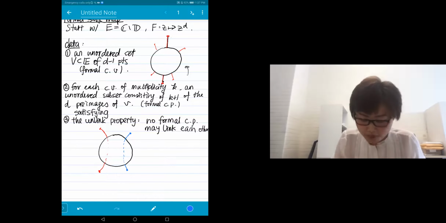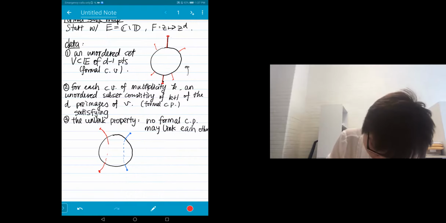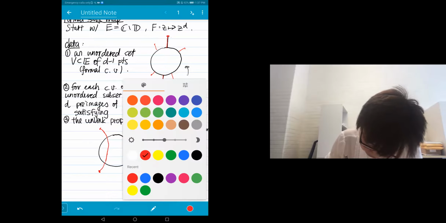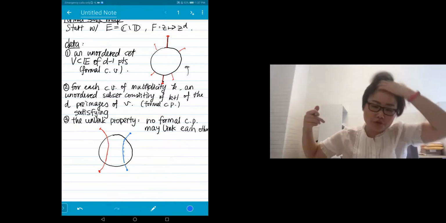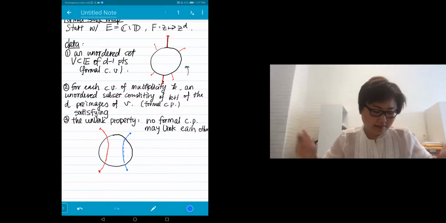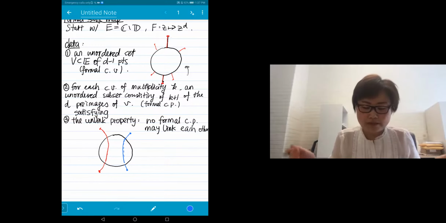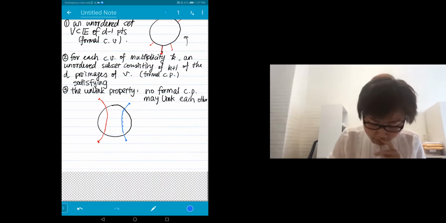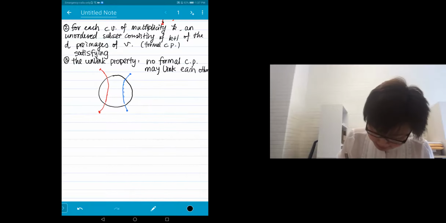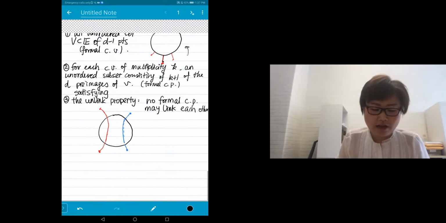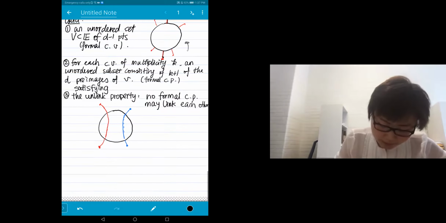So the unlink property just means these guys, these red and blue inside the disk, which suggests which one is glued to which one, are not linked. In other words, if you draw the complete pre-images, they form a lamination of the disk. Okay, anyway, this is basically the information we need to construct a formal butcher paper or formal shift map.